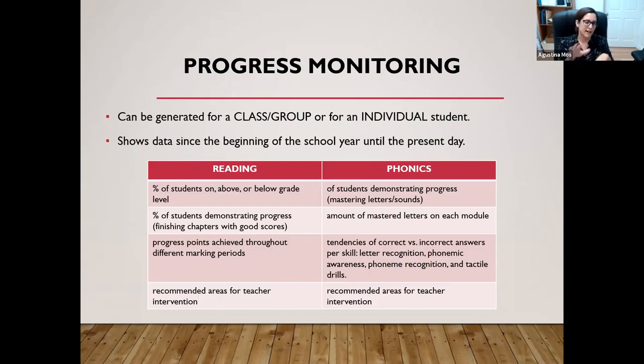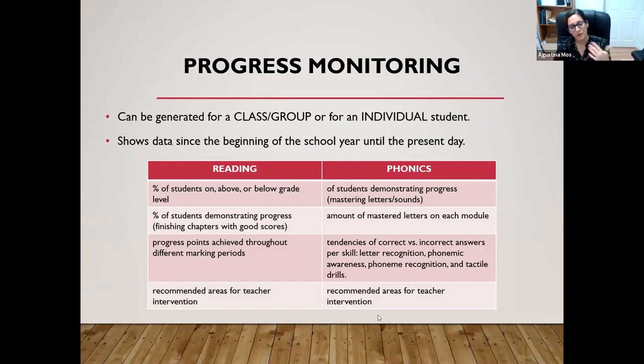Lately, meaning the 5 latest answers that they've given for the letter recognition, the 5 latest answers that they've given for the phonemic awareness. If out of those 5, the student tends to get that question right, I'll see a check mark. The tendency is that the student gets it right. If out of those 5, the student usually gets that question wrong, I'll see an X. The tendency is that the student struggles with that type of question.